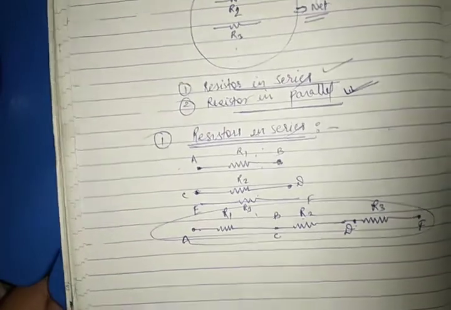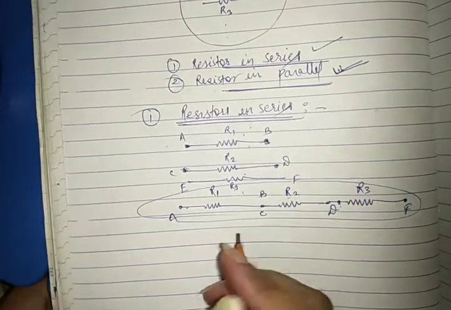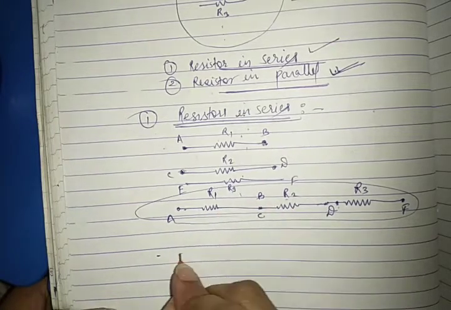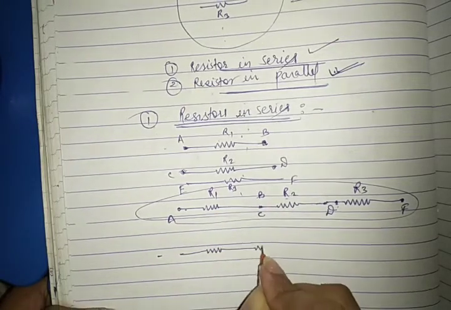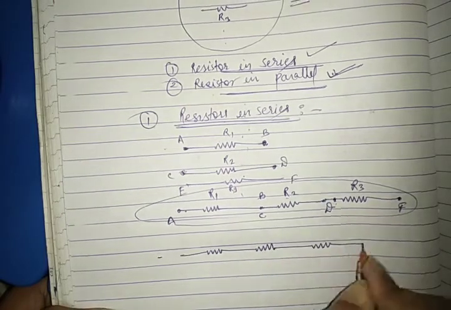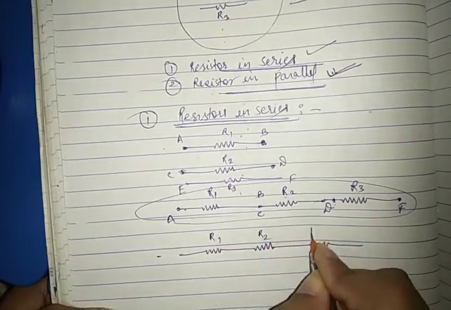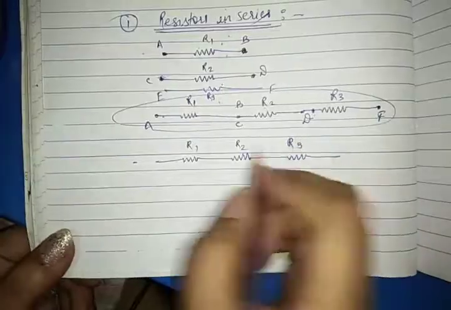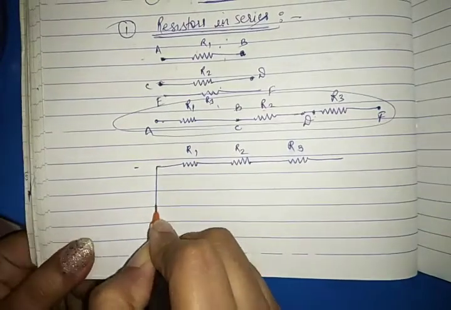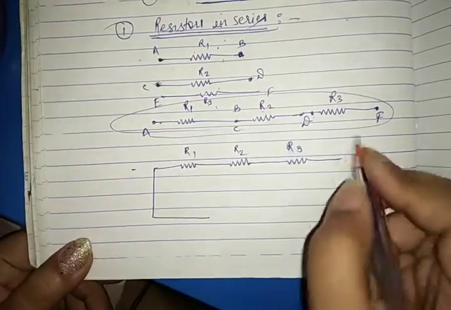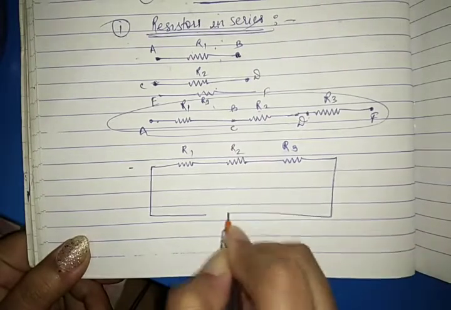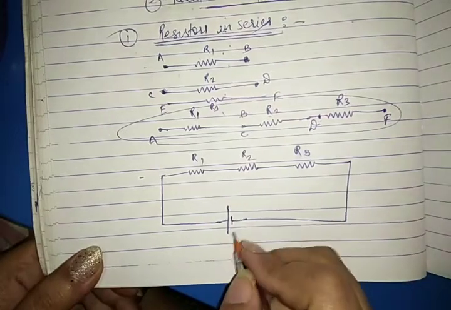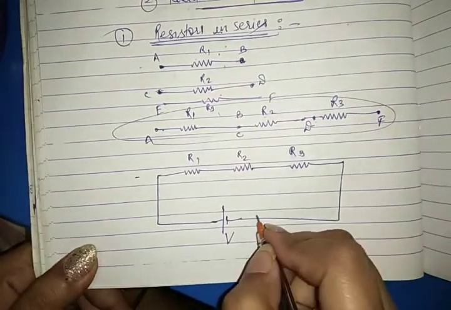Now what happens when resistors are connected in series? Let me show you. If you have three resistors R1, R2 and R3 connected in series, and these resistors are connected with a battery whose potential is V. Here we connected a key.